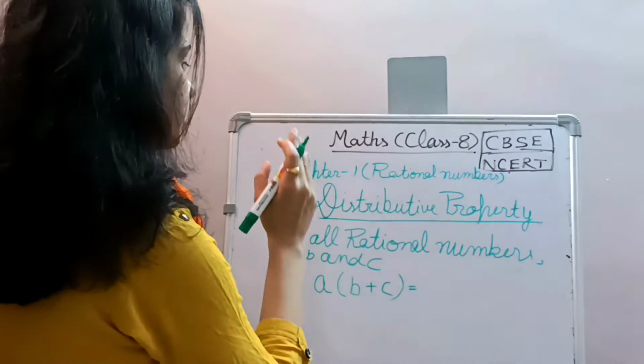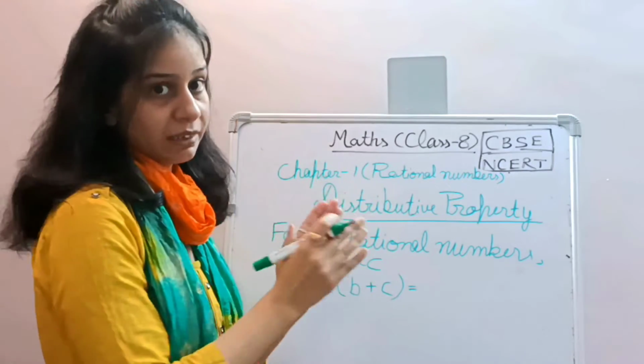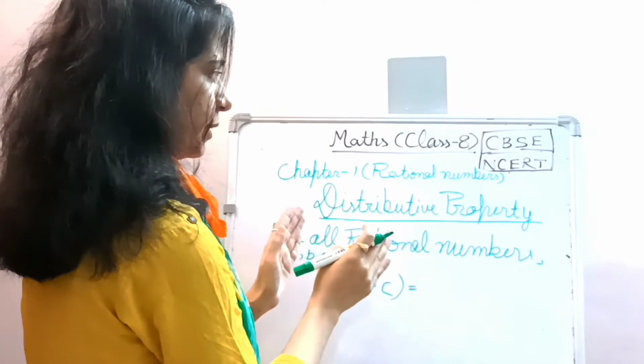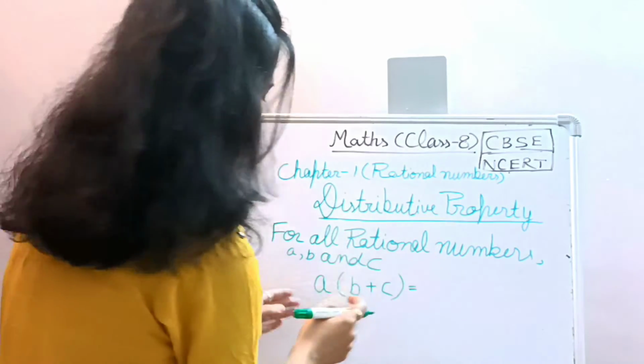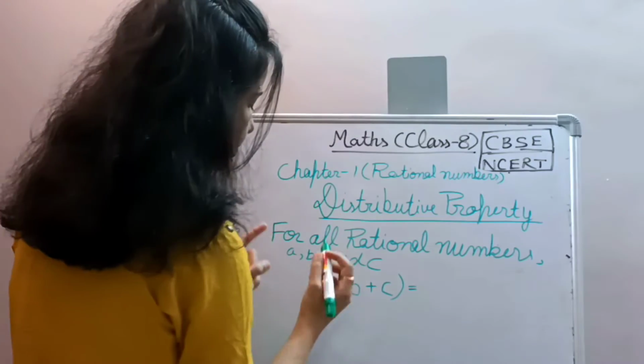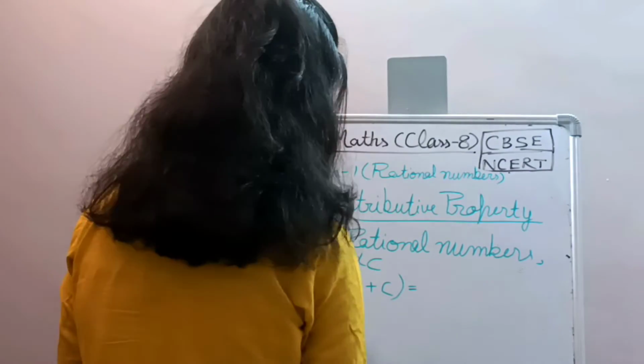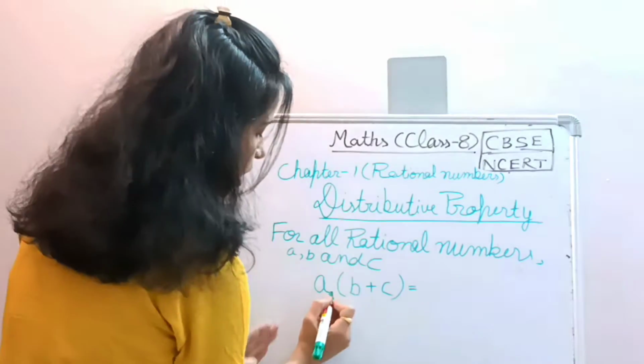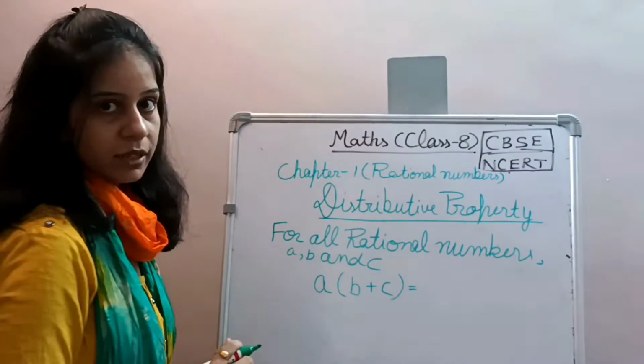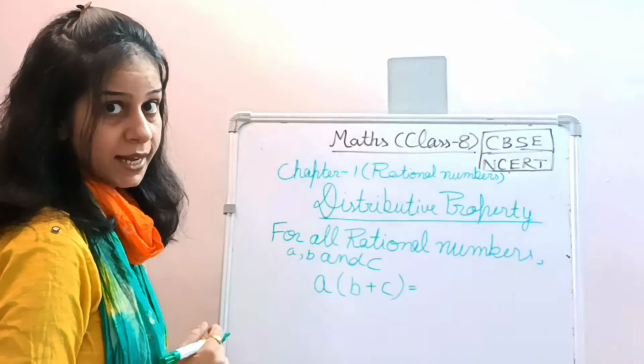What does distributive property exactly say? It says we'll have to distribute this whole term. It means there is no sign, so here is a multiplication sign.